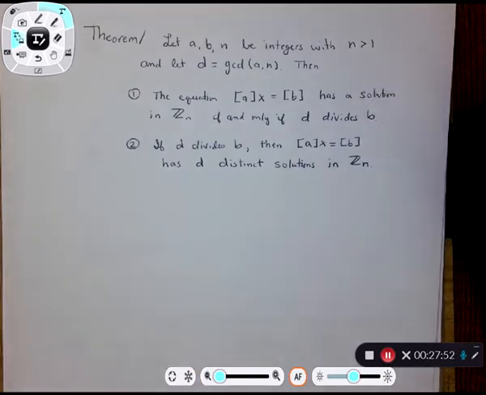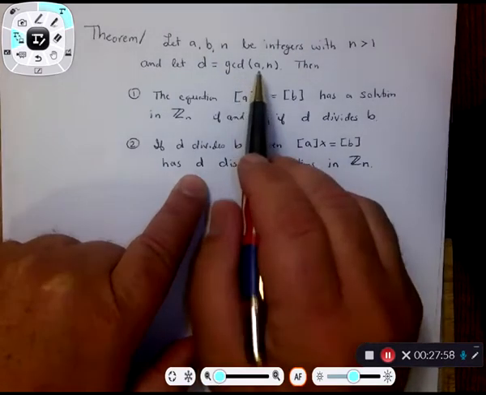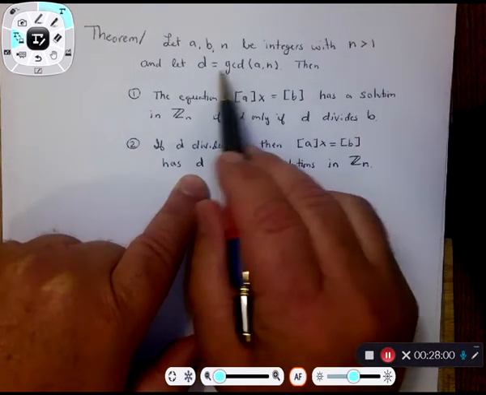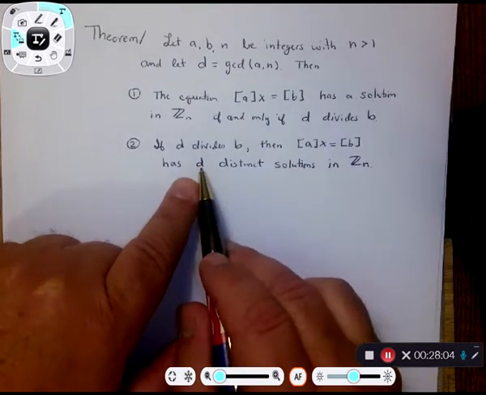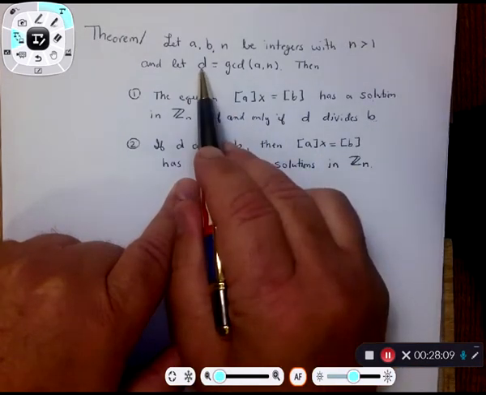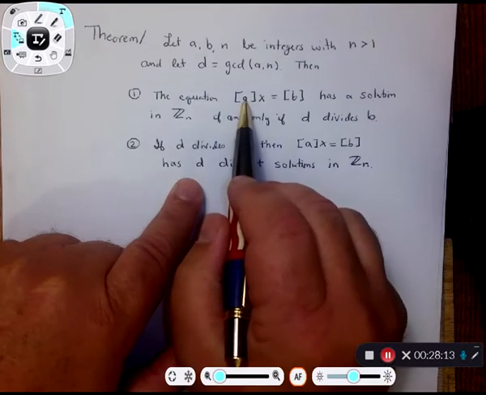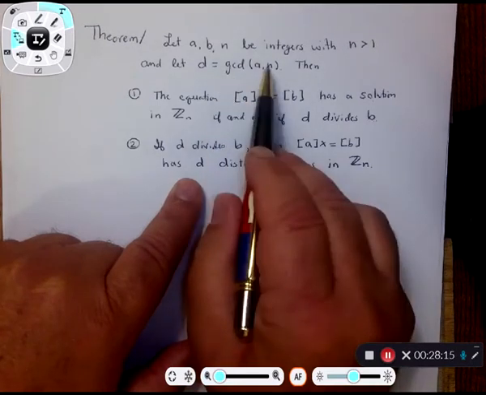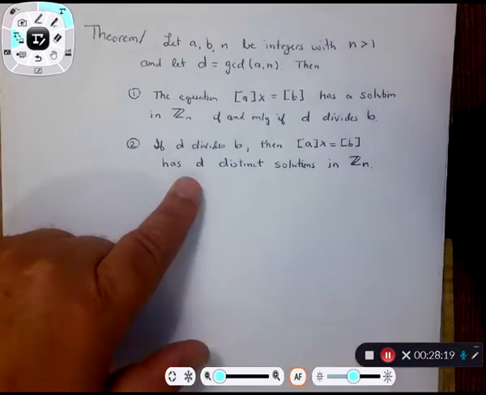This is telling you how many solutions you're going to get, and it's basically what the GCD is. So if the coefficient in front of the X and the mod number are relatively prime, you're only going to get one solution. But if the GCD of the leading coefficient and the mod number is like 3, you'll end up getting 3 solutions to this particular equation.